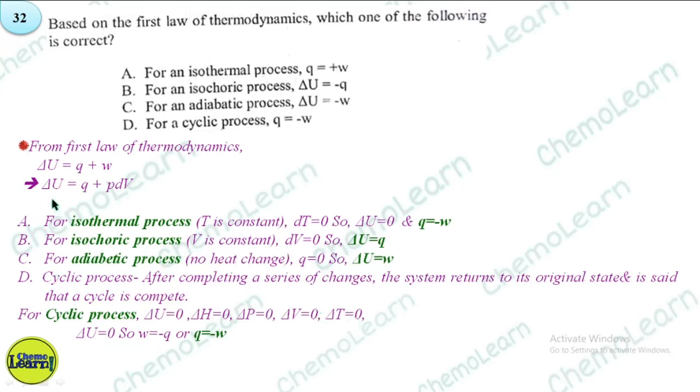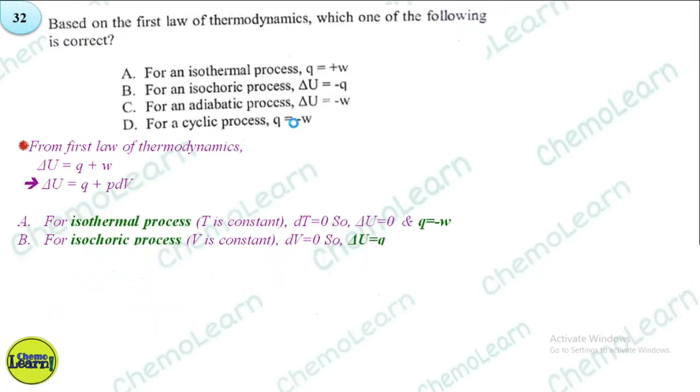So, when delta U equals 0, that means W will be equal to minus Q, or Q will be equal to minus W. So, option D is the correct option, that is for a cyclic process, Q equals minus W.